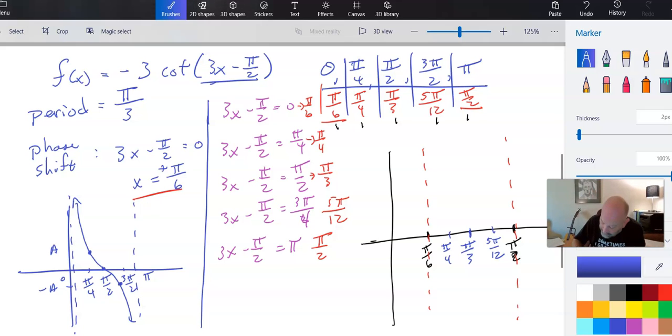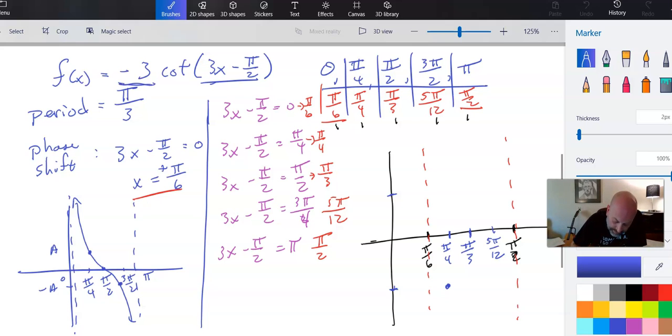And from here, I know that at pi over 4 and 5 pi over 12, because those are my 3/4 marks, that's going to be a and negative a. Now, I have an interesting dilemma here. At pi over 4, it's supposed to be a. A is a negative number, which means it's down here. And at 5 pi over 12, it's negative a.